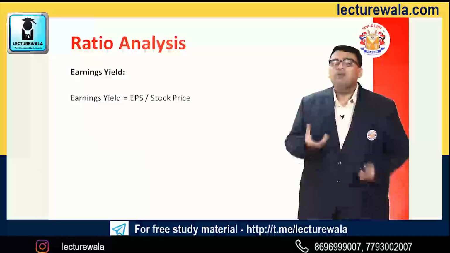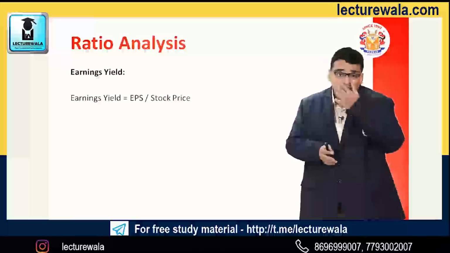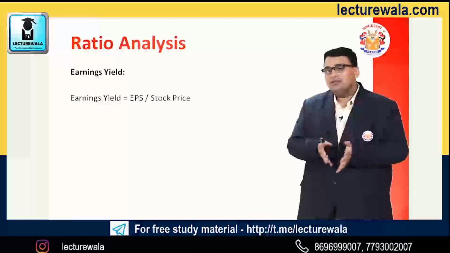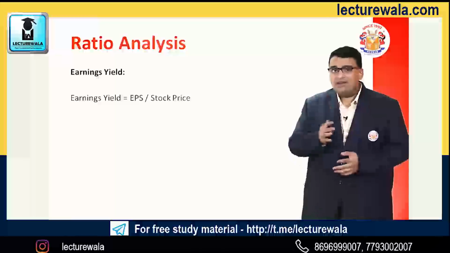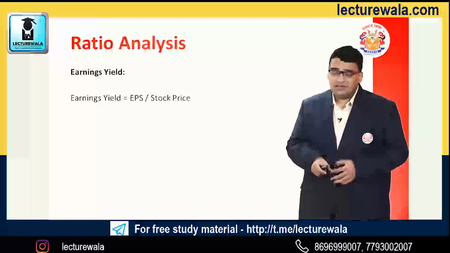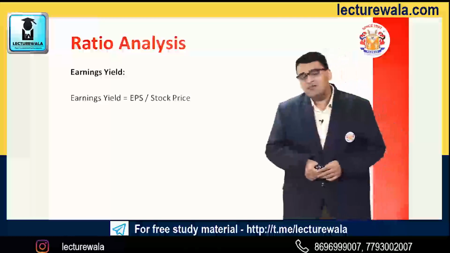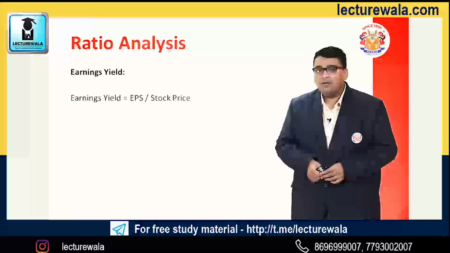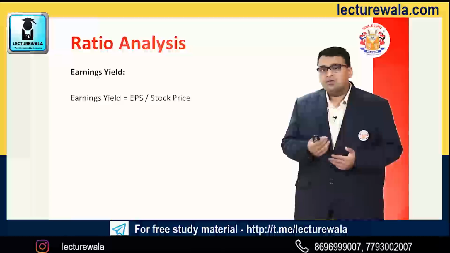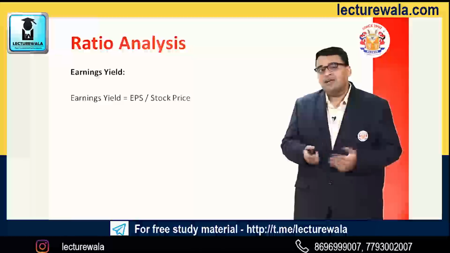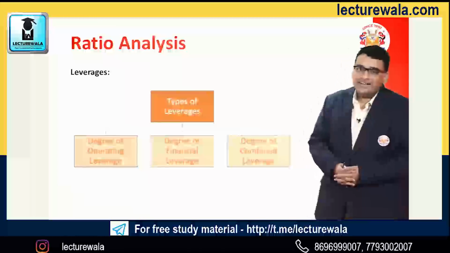That means if the stock price increases or fluctuates, the company's EPS is also affected, and how much it is affected will be shown on the balance sheet date. That is the reason the earnings yield percentage shows a good concern for the company: if the company is not performing properly, the shareholders will immediately start reacting. The next topic we are going to look at is leverages.